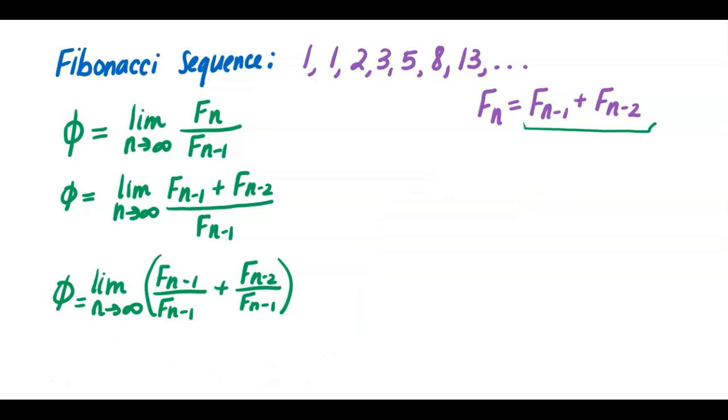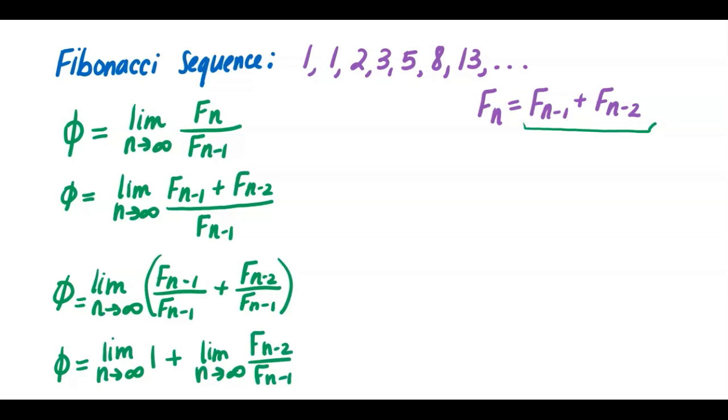Now we're going to do some simplifying of phi. We would have the limit as n approaches infinity of 1 plus the limit as n approaches infinity of f of n minus 2 over f of n minus 1. I'm running out of room, so I'm just going to come up here. The limit as n approaches infinity of 1, well, that's just 1.